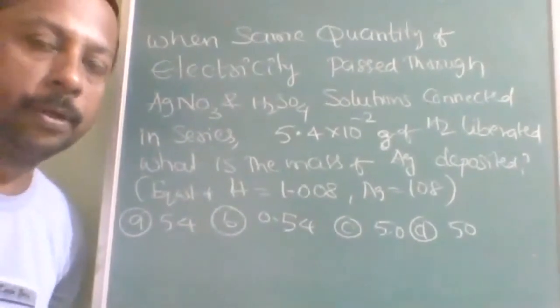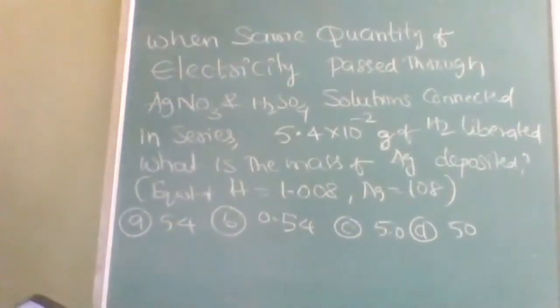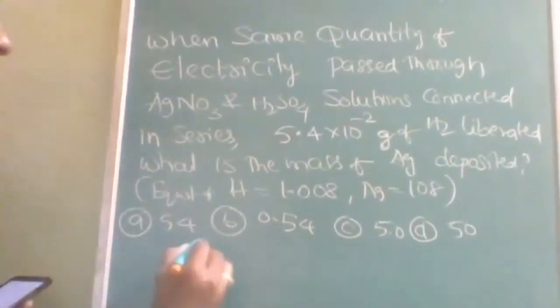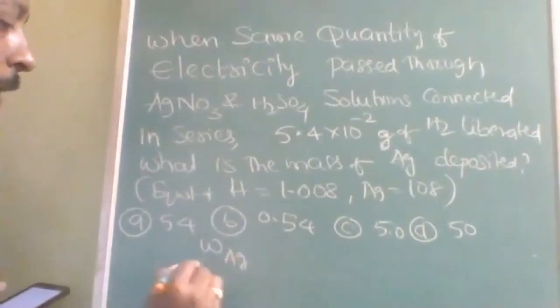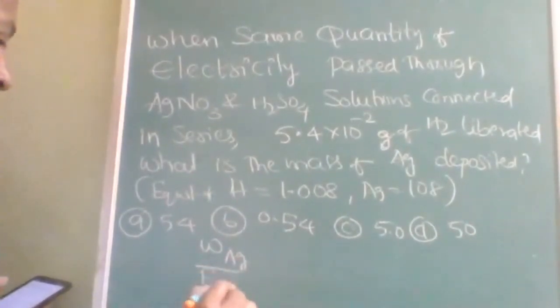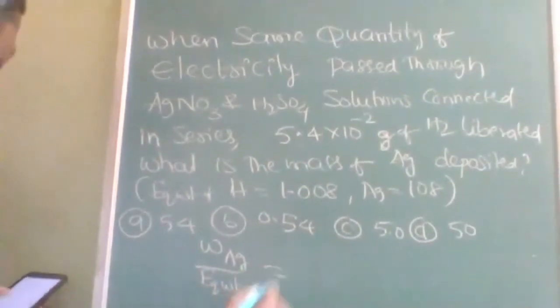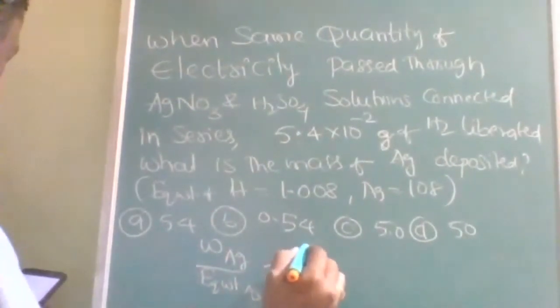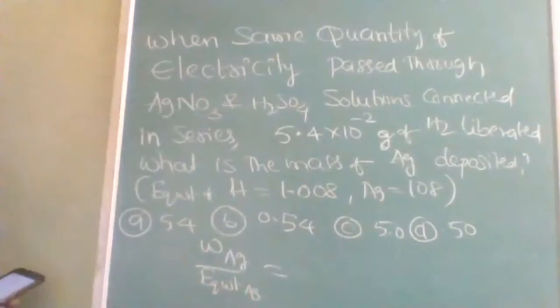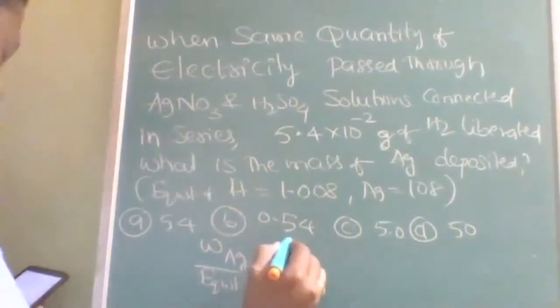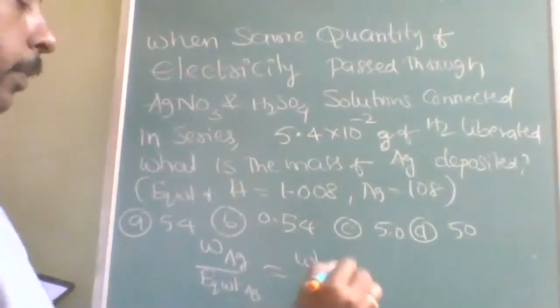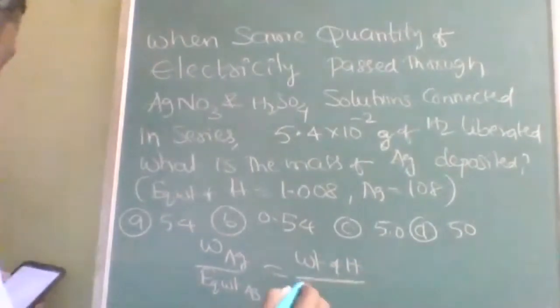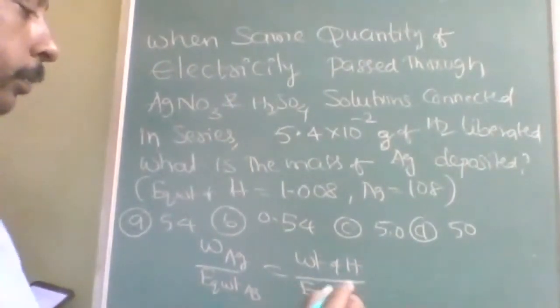Simply, you need not worry about anything. Weight of silver divided by equivalent weight of silver is equal to weight of hydrogen divided by equivalent weight of hydrogen.